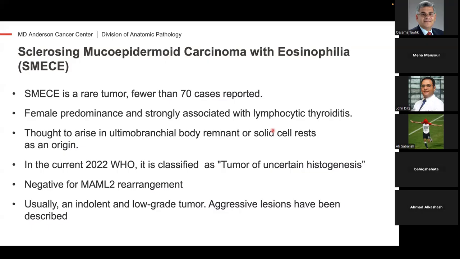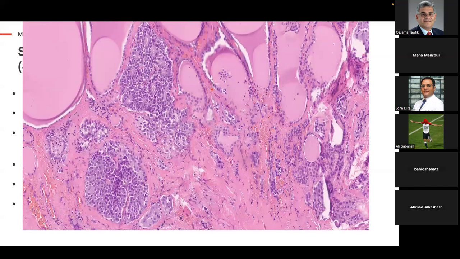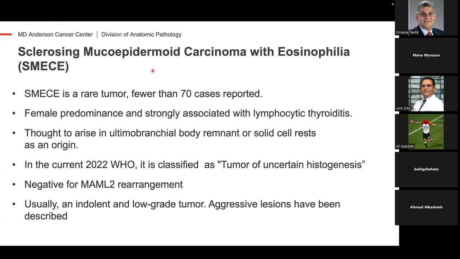There are fewer than 70 cases reported. It's associated with lymphocytic thyroiditis. The thought is it arises from ultimobranchial body remnants or solid cell nests like these that we encounter all the time in benign thyroids even. And like the one before, it's classified as tumor of uncertain histogenesis.